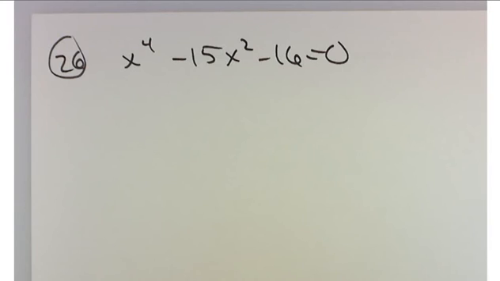And then just go back and say, all right, well, u equals x squared, u squared equals x to the 4th, x squared equals 16, or x squared equals 1.